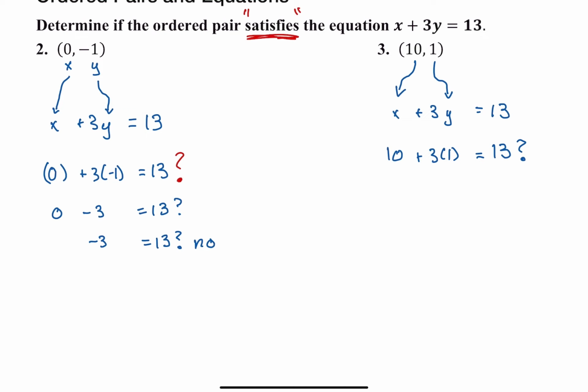And again, this one's pretty straightforward. 10 plus 3 is equal to 13. Indeed, 13 is equal to 13. So the answer to this one is yes. The point (10, 1) is a solution to that equation. Any questions? Then let's go ahead and move on.